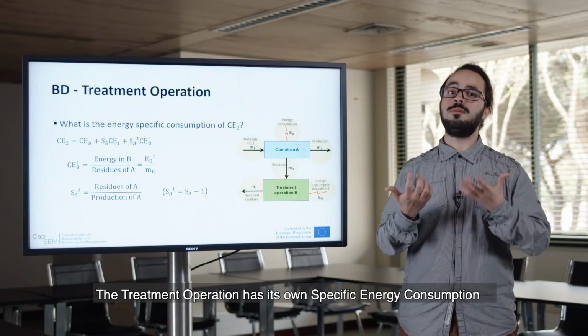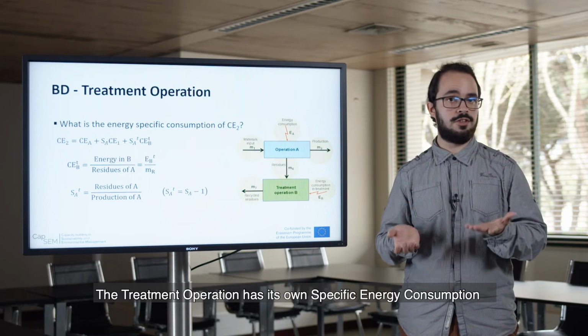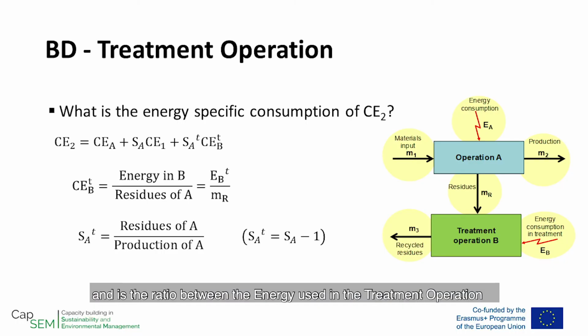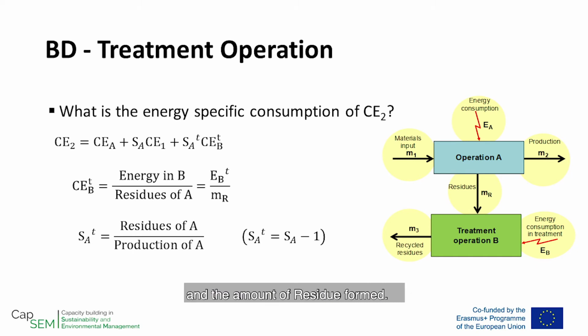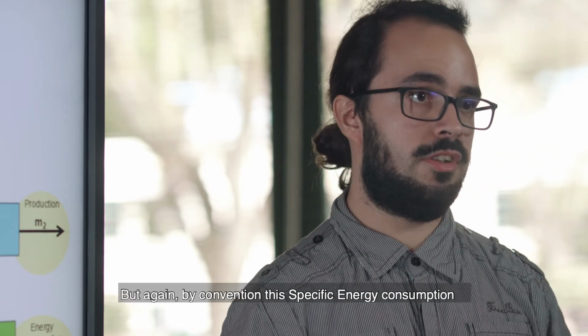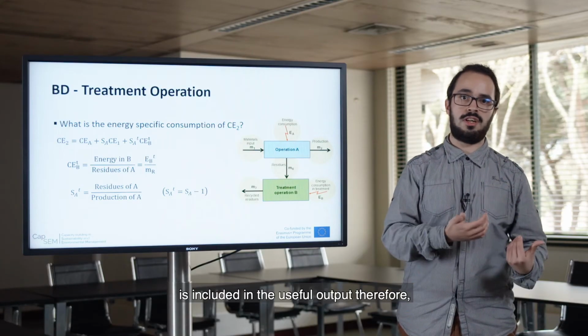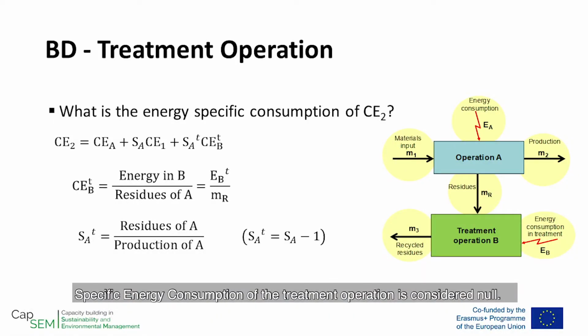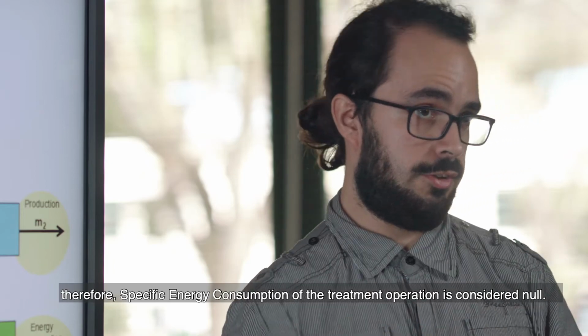Well, the treatment operation has its own specific energy consumption, and it's the ratio between the energy used in the treatment operation and the amount of residue formed. But again, by convention, this specific consumption is included in the useful output. Therefore, specific energy consumption of the treatment operation is considered null.